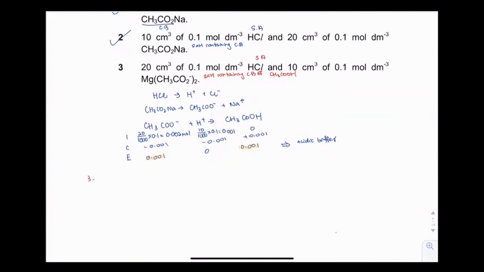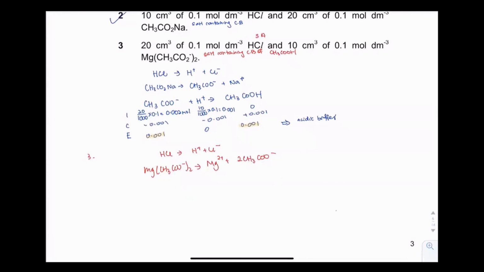My HCl, being a strong acid, dissociates to give me H plus and Cl minus, and my magnesium ethanoate dissociates fully to give me Mg2 plus and 2CH3COO minus. What can possibly happen is that my ethanoate ion can react with my H plus to give me my weak acid, ethanoic acid, like the previous example.